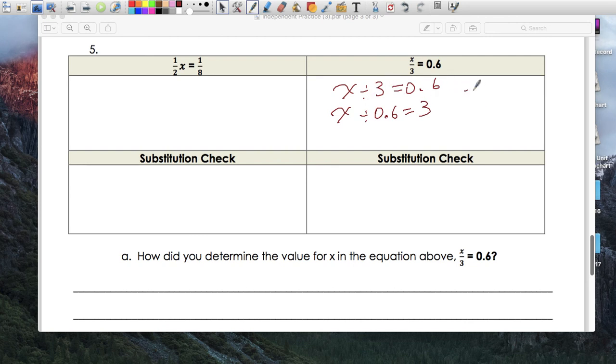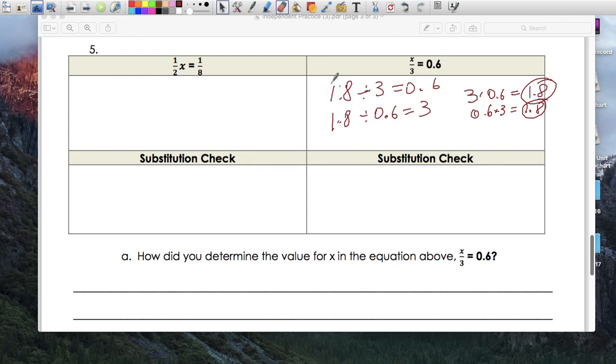I'm going to multiply 3 times 0.6, which gives us 1.8. 0.6 times 3 is also 1.8. So there's our number. So x here is going to be replaced by 1.8. 1.8 divided by 3 is 0.6, and 1.8 divided by 0.6 is 3.